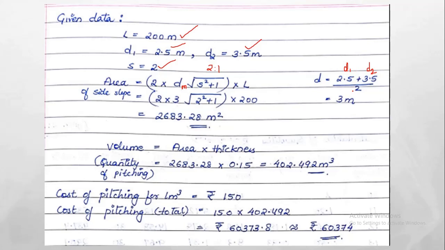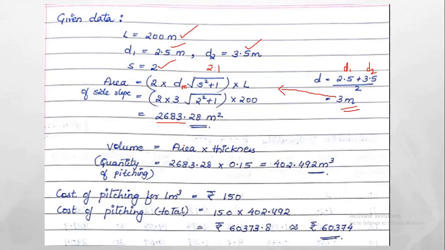That is equal to 3 meter. You need to substitute this 3 in the formula, and you will get the value of area of side slope to be 2683.